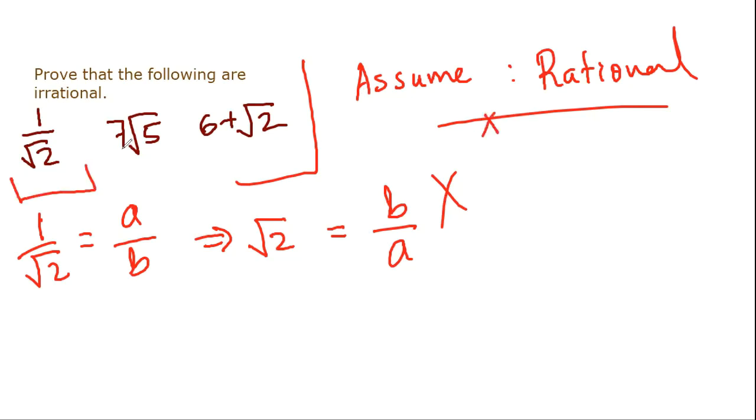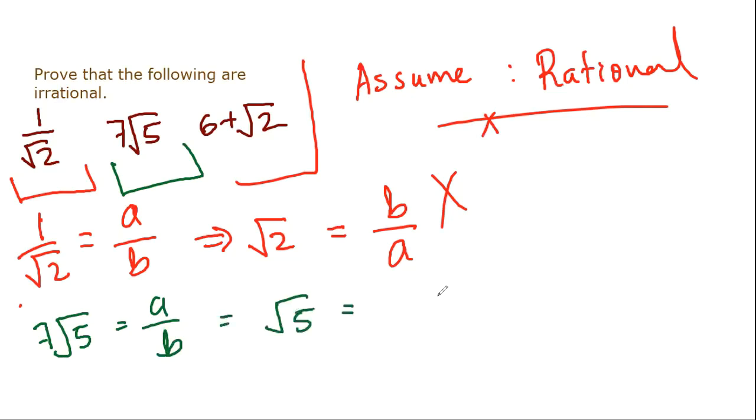In the same way, the second question, 7 by root 5. Let's consider the second question, 7 by root 5. There also we are equating that with A by B. And we can write root 5 as A divided by 7B.